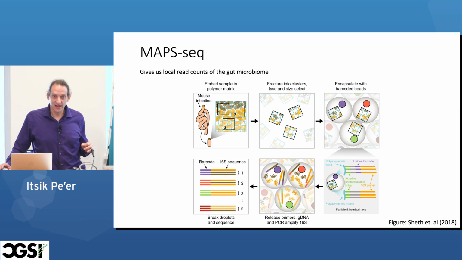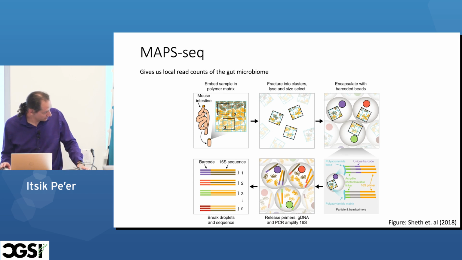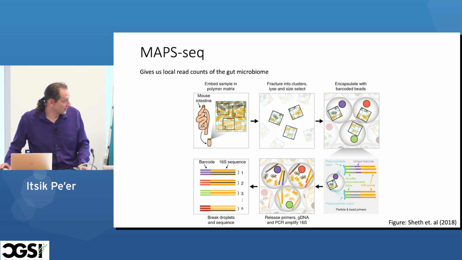So you can have not one gut microbiome, but with one barcoded collection of reads, you get different contents of the microbiome from each of these pieces of the gut.